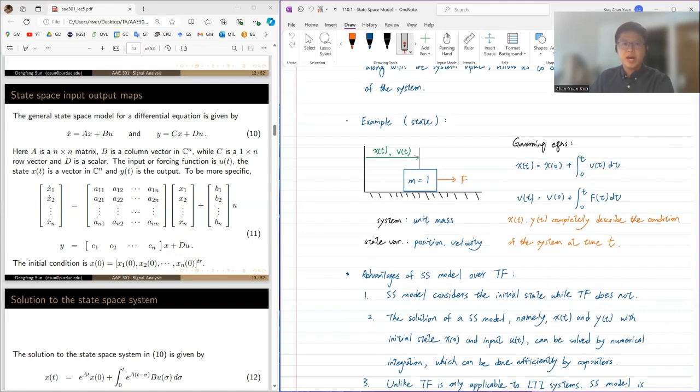To help you understand better, let's look at the unit mass system as an example. For this system, the state variables can be chosen as the position x of t and velocity v of t of the mass. From the governing equations of the system, we can see that these two physical quantities, x of t and v of t, completely describe the condition of the system at time t.